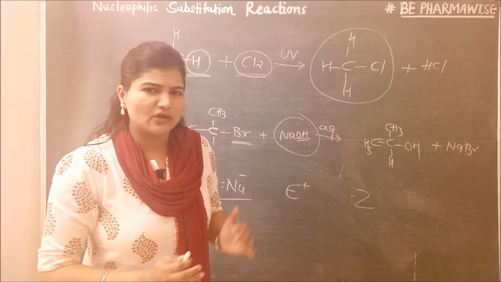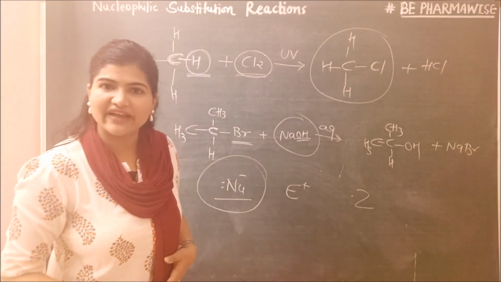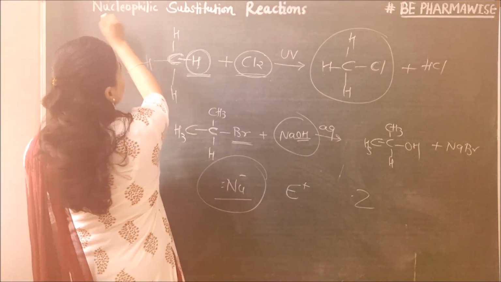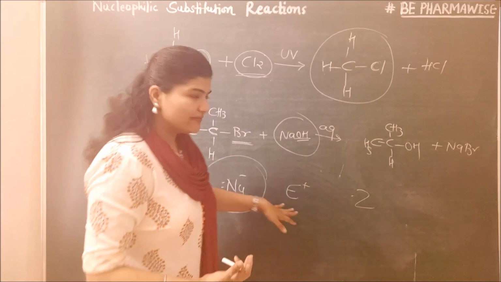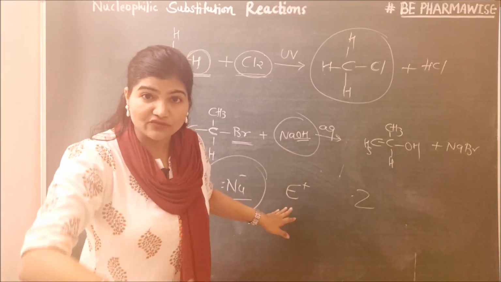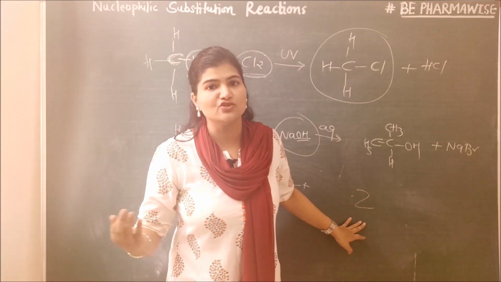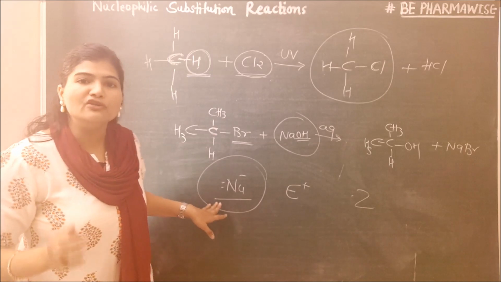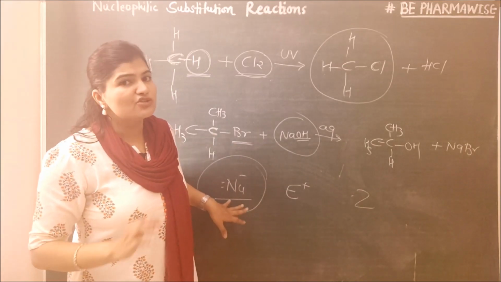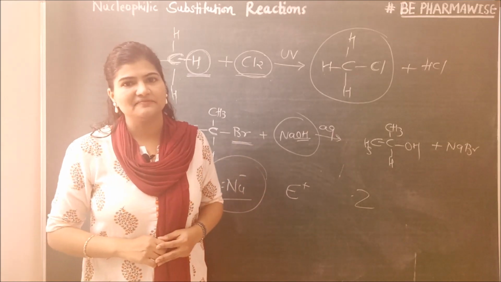If the substitution reaction is initiated by a nucleophile, it is called a nucleophilic substitution reaction. When initiated by an electrophile, it is termed an electrophilic substitution reaction, and here it is called a free radical substitution reaction. My entire focus today will be on nucleophilic substitution reactions, so we are going to discuss nucleophilic substitution in detail.